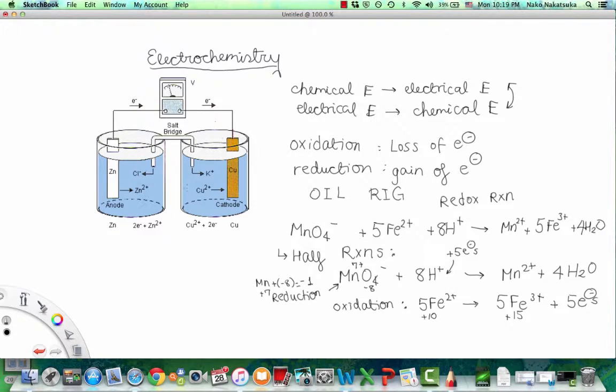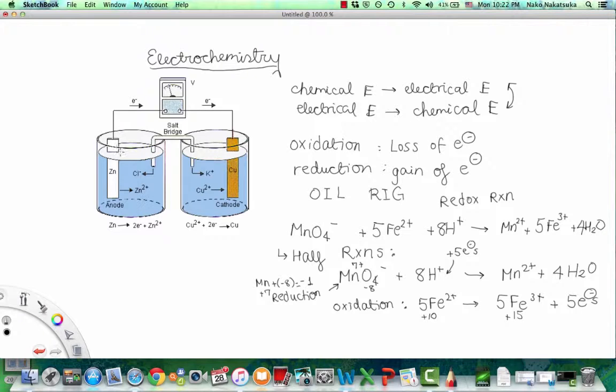And so now let's look at this setup. Electron transfer is going from this electrode, which is called the anode, to this electrode, which is called a cathode. In this diagram, let me draw these arrows in to avoid confusion.